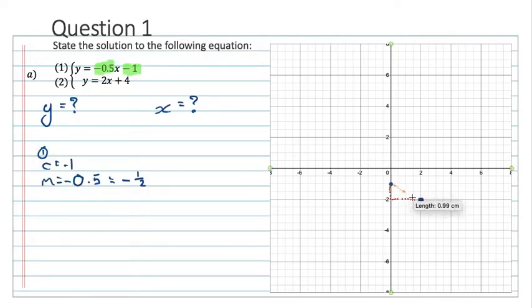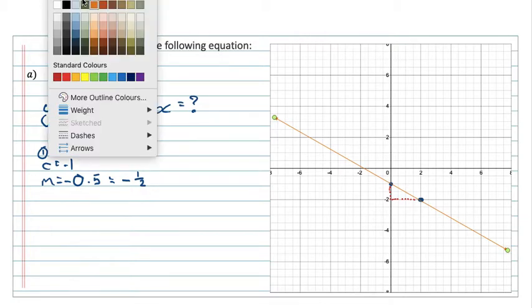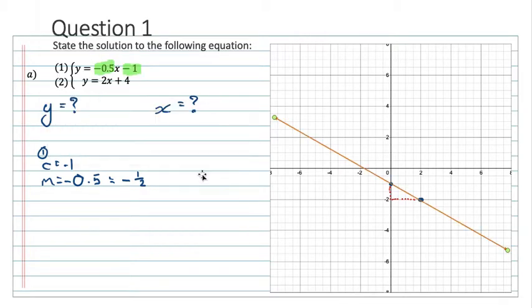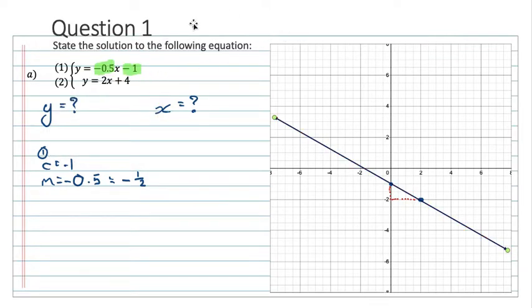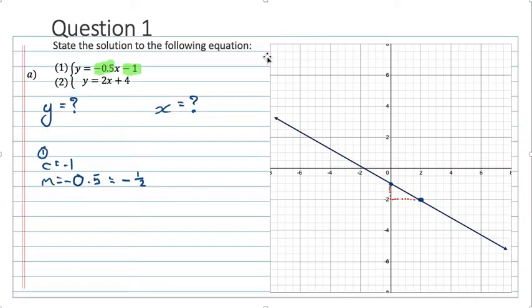If I get my ruler and I draw it through this point here, moving up to this point right here, there we go, and we have a nice thick line. So that's equation 1.